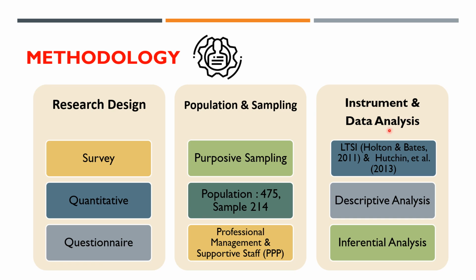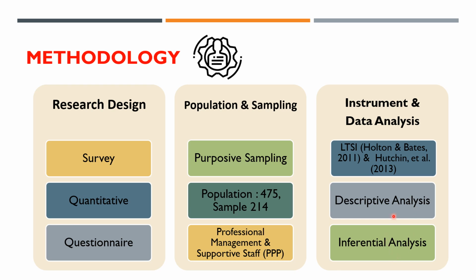And for the instrument and data analysis, the instrument for learning transfer factors was an adaptation from Holton and Bates 2011, and the transfer retention questionnaire was an adaptation from Hutchins et al. 2013. The pilot study was conducted with 30 supporting staff, with alpha confidence values above 0.65.